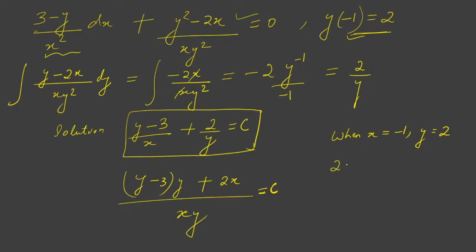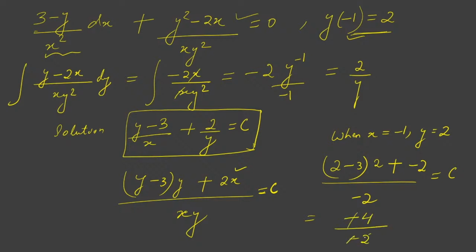So y is 2, minus 3, into, again y here is 2, plus 2 into minus 1, so minus 2, divided by x is minus 1, y is 2, so minus 2 is equal to c. So just solve this one. So minus 1 into 2, minus 2 plus minus 2, minus 4 divided by minus 2, so that will give you 2. So c is equal to 2, right?